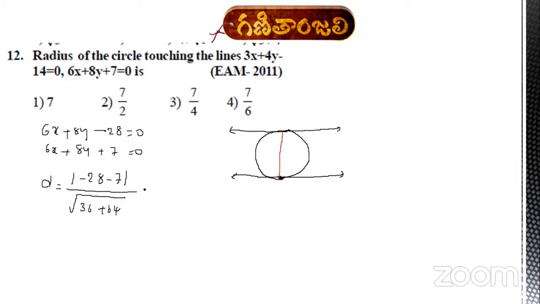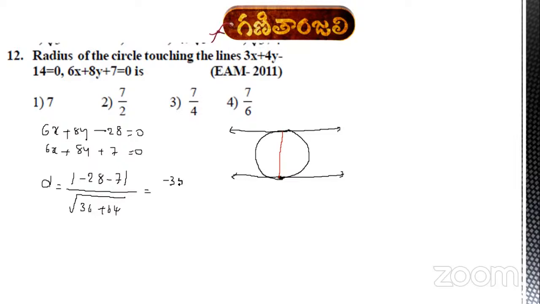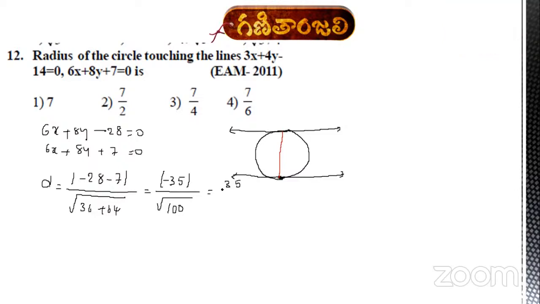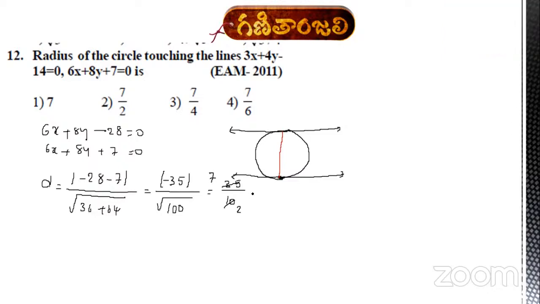Negative 28 minus 7 is negative 35. The mod of negative 35 is positive 35, over 10. 7 5s are 35, 2 5s are 10. So 7 over 2.